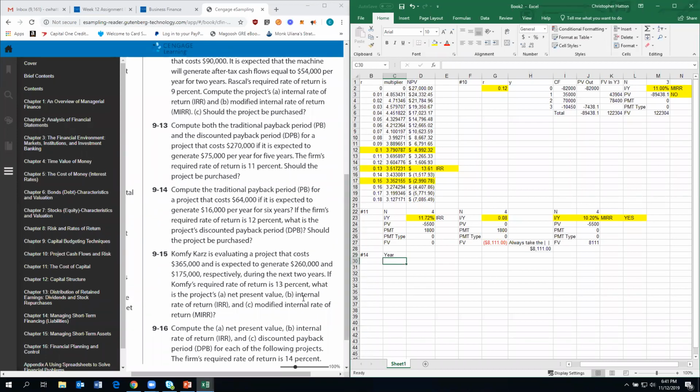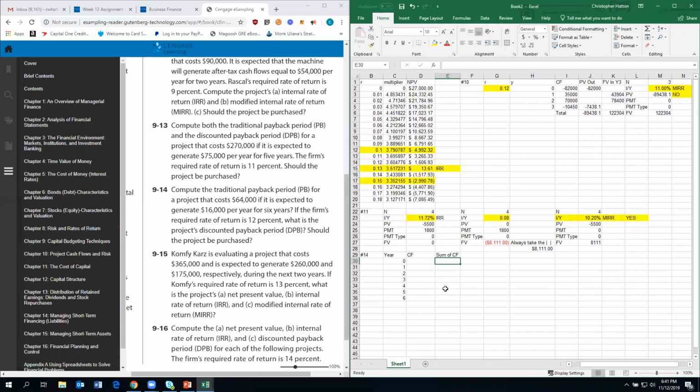Regular payback. Six years. Then we need what are our cash flows and what are the sum of our cash flows, because this will give us when we go from negative to positive. All right, so our cash flows are negative 64,000, and then we make 16,000 per year for the next 6 years.